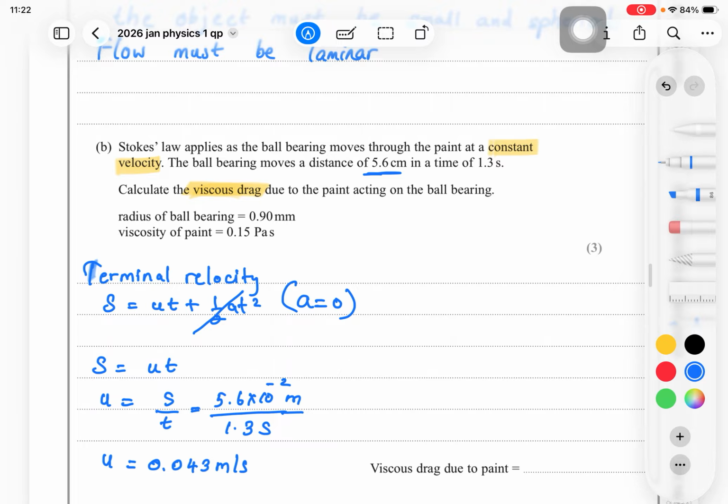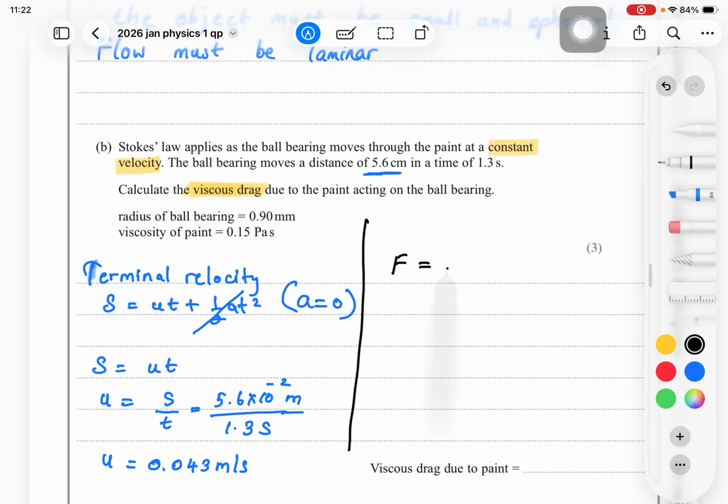Once we have the terminal velocity, we can apply Stokes' law. If I write the equation, F equals 6 pi eta r v. We know how to use it.